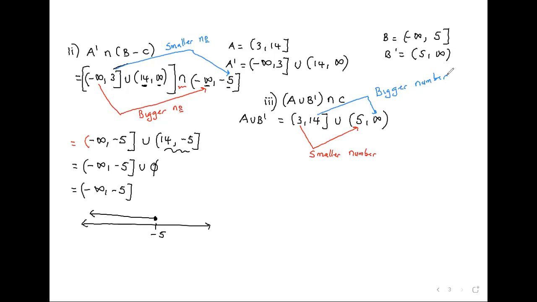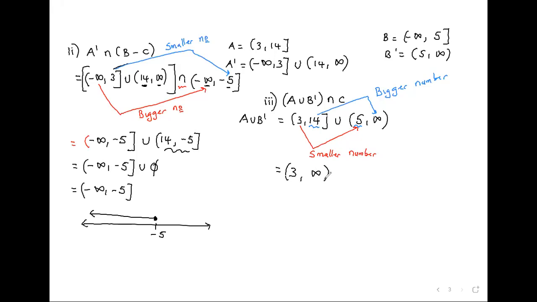On a condition that you have checked that the number on the right is smaller than the one on the right here, then you are sure that they will intersect. Then I can pick now a broader union. Meaning, here the smaller one is 3, pick it as it is. The bigger one is infinity. This becomes A union B complement.